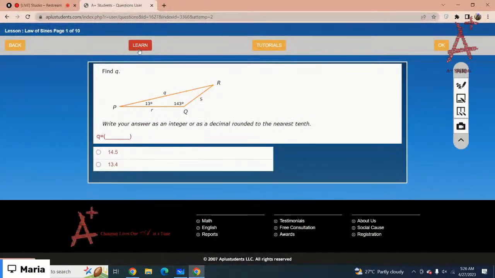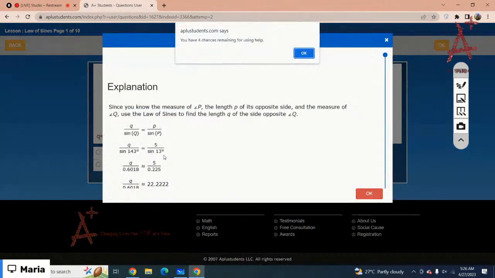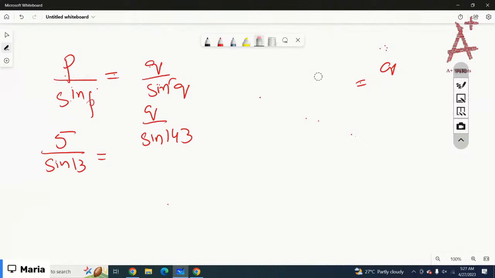Let me just see. Hmm, why do I have a different value for sine 143? Okay, let me just remove this step and divide them like this, because it would be a negative value, and we don't need any negative value. Let me just do it again.